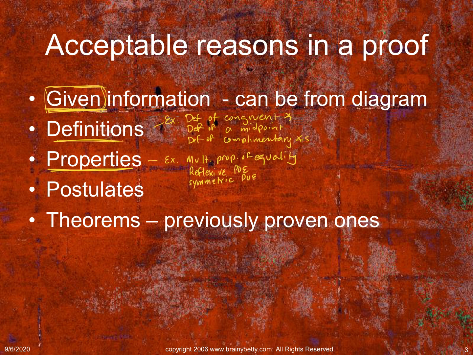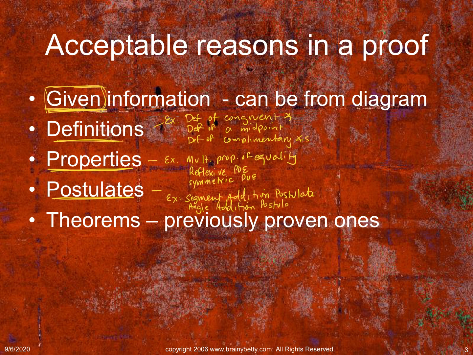We talked about a ton of properties that we used in algebra, but we also discussed how reflexive, symmetric, transitive can also be used when it comes to segments and angles. Postulates. You've already started learning about a lot of postulates. For example, you learned the segment addition postulate. That's one very common postulate. Another postulate that you've learned is angle addition postulate. These all came in Chapter 1, but you still need to know them.